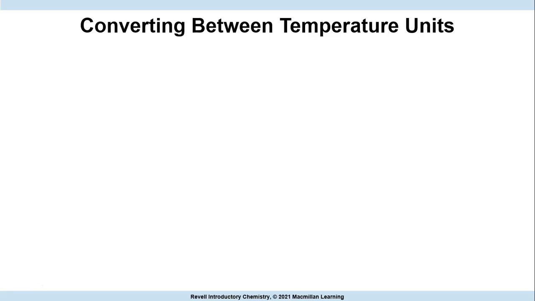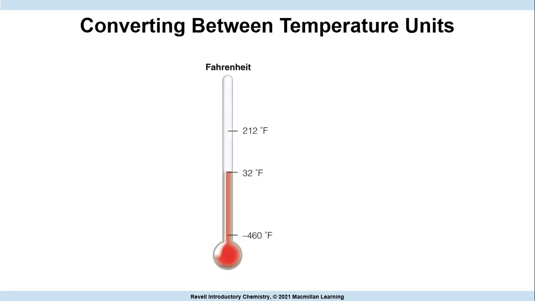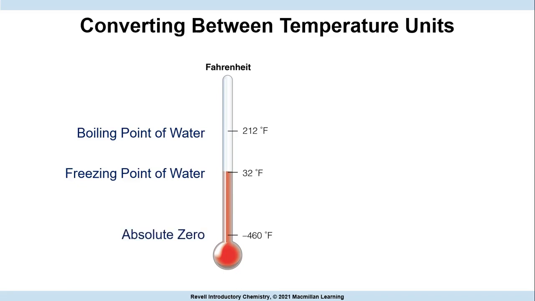Now we are going to see how we can convert from any of these units to the other. Let's start with Fahrenheit and degree Celsius. For the Fahrenheit, we know that the freezing point of water is 32 degrees Fahrenheit and the boiling point is 212 degrees Fahrenheit. The absolute 0 is minus 460 degrees Fahrenheit.